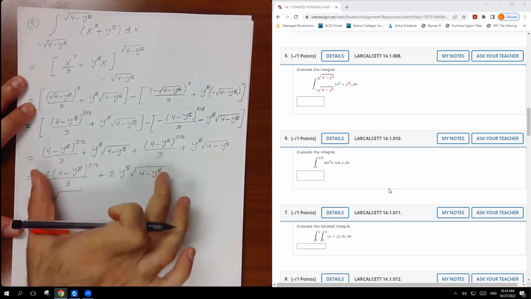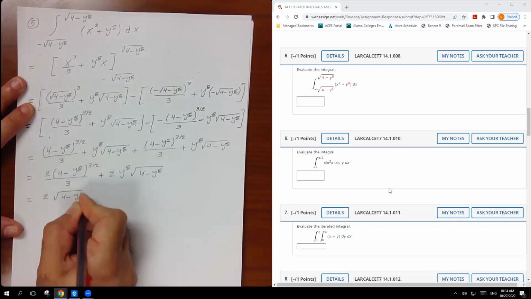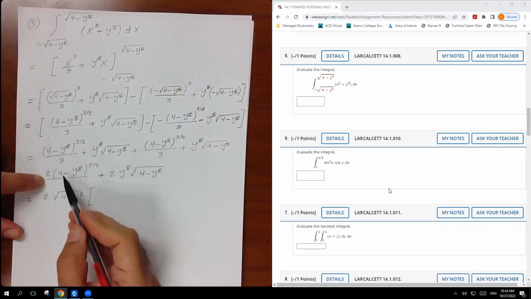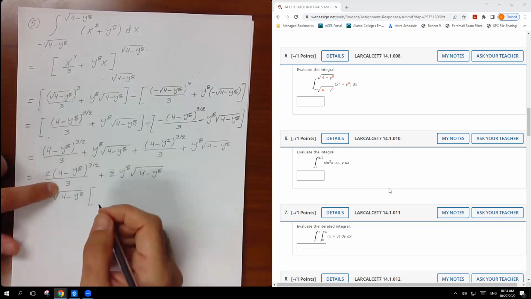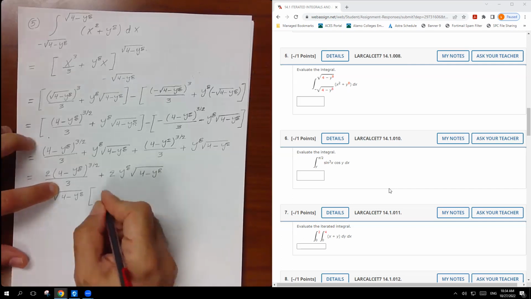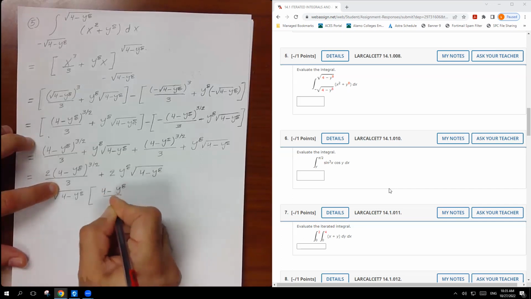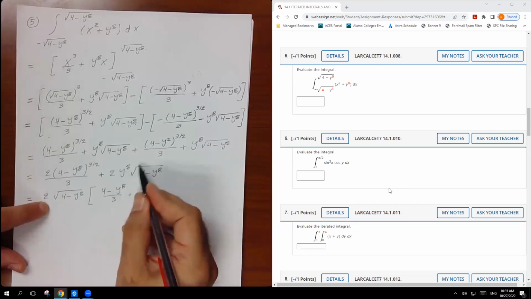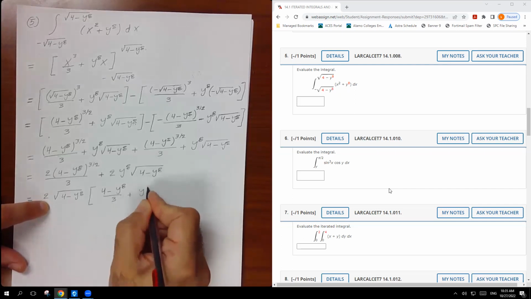I think if you write down 4 minus y to the 8, and let's see what's left. From this one is going to be this parentheses with exponent 1 over 3. So it's going to be 4 minus y to the power 8 over 3. Plus, take the 2 out as a common factor, and half, 4 minus y to the power half. The left here is y to the power 8.